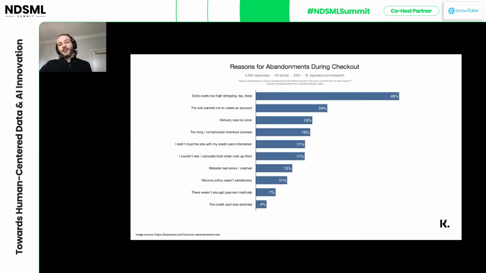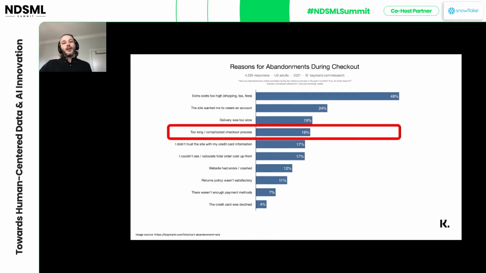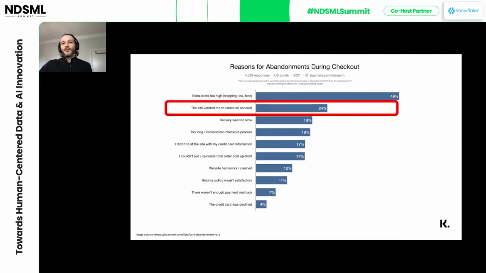Let's just look at the checkout process on an e-commerce website as an example application. A study by the Baymard Institute this year found that 80% of users who abandoned the purchase online in the 3 months leading up to the study did so because they found the checkout process too complicated. 24% of users quit at least once because they were asked to create an account.